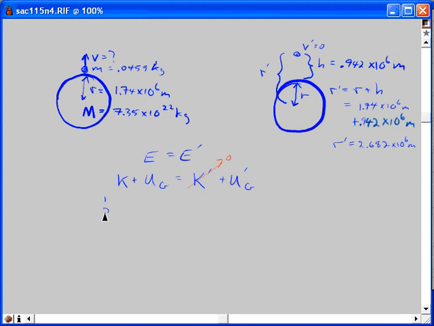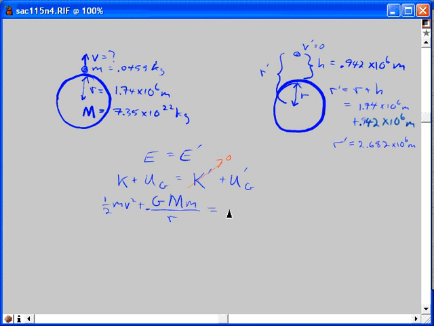Over here we got 1/2 mv squared plus capital G, Newton's universal gravitational constant, times M for the mass of the moon, m the mass of the particle, over r, the separation of their centers, in particular the distance the golf ball is from the center of the moon, except with a minus.